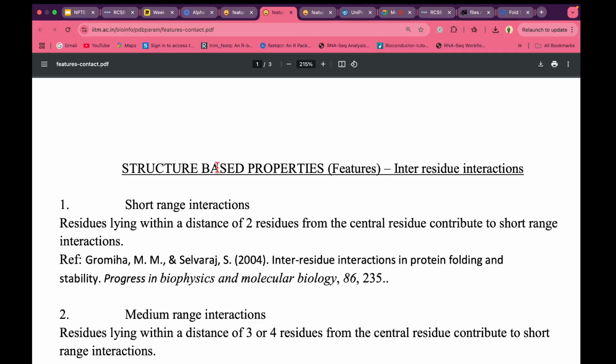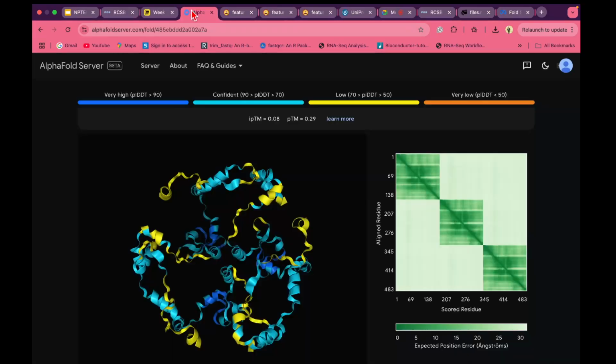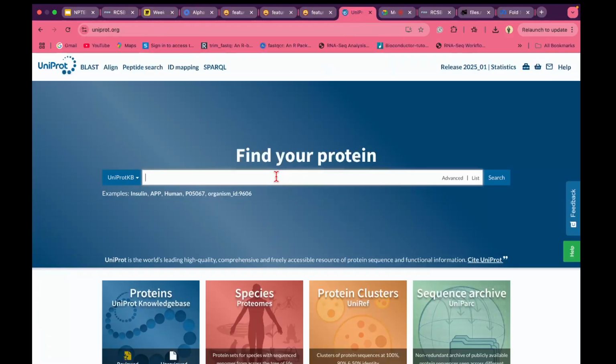So in this class we have discussed AlphaFold, but most of the times if we have a sequence, the information we know is the UniProt ID. So okay, let me take any UniProt ID.